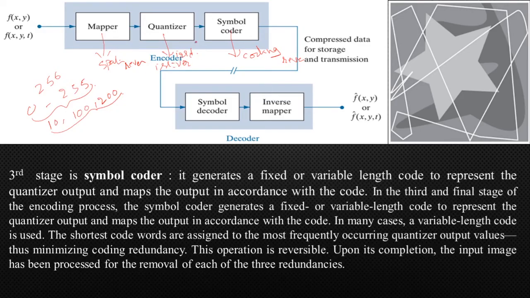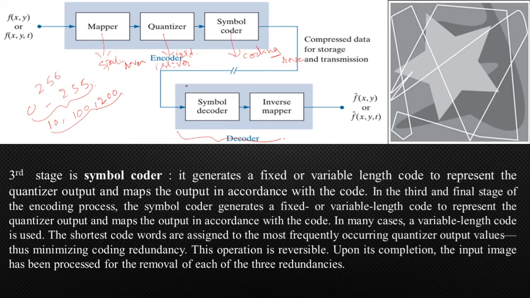After quantizing the intensity values, we cannot reproduce the previously assigned intensity values, so it is irreversible. So this decoder performs the reverse process of this encoder, where the symbol coder assigns particular codes to particular intensity values.